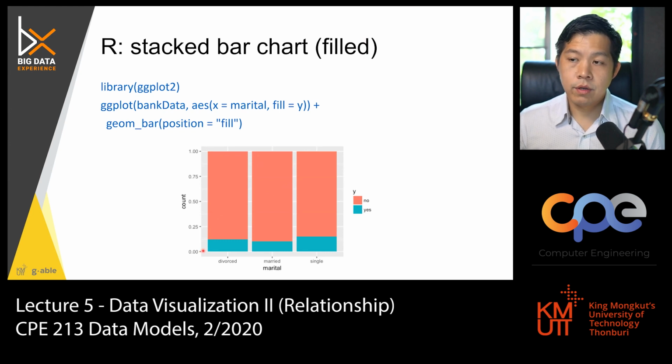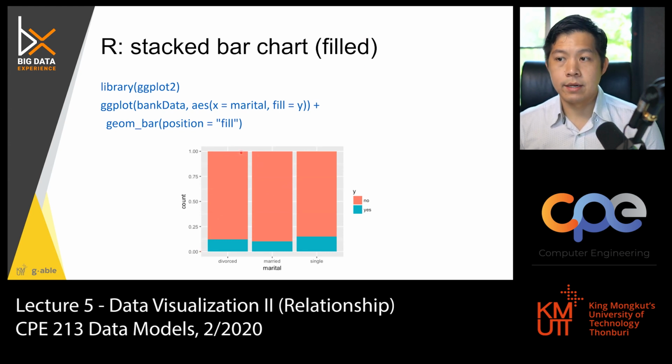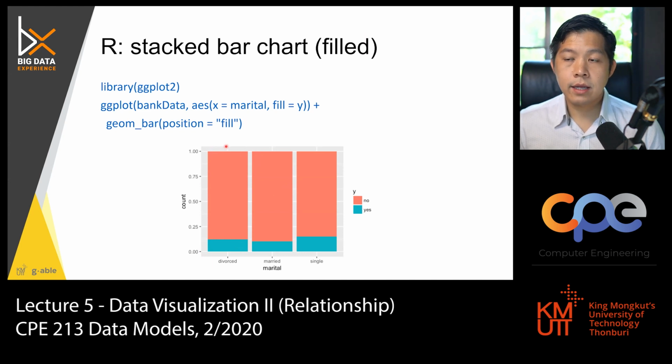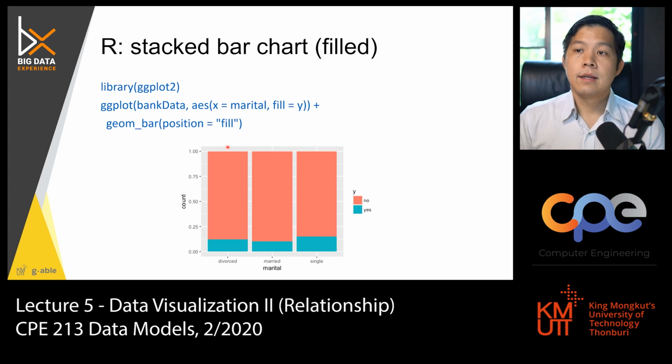That is, it will scale everything to 100%. And with this, it allows you to compare proportions, right? Because once you scale it here, you are determining the proportion within that specific category, and then comparing across the multiple levels. This is called the fill stacked bar chart.